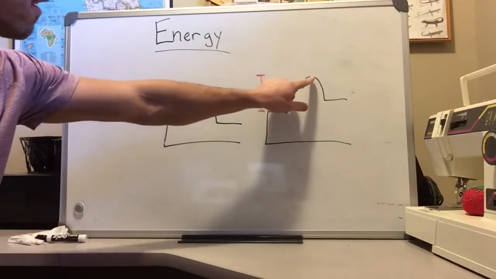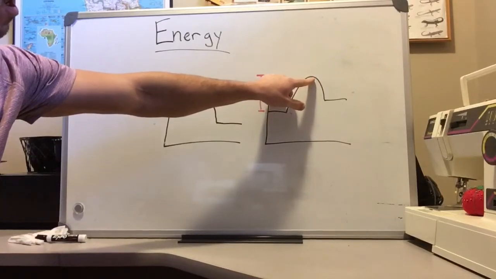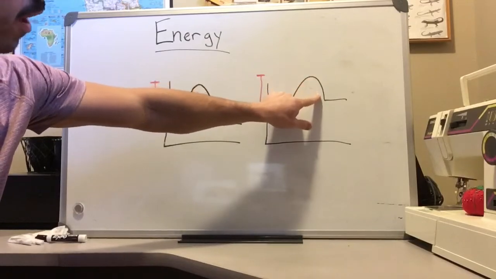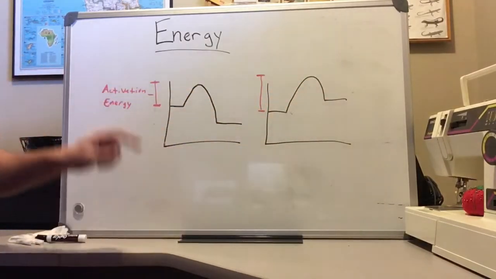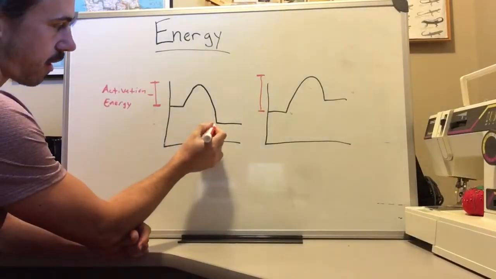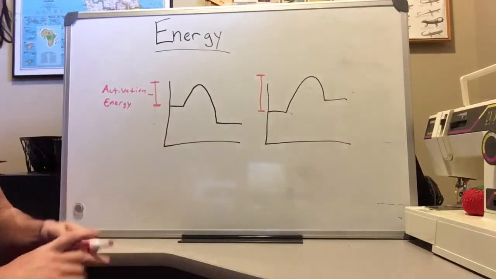Once we hit this point, once we reach that activation energy, then our reactants are going to be reacting to form our products, and our energy is going to drop back down to the level of our products. So in our first graph, we see that the energy level of our products is lower than the energy level of our reactants.